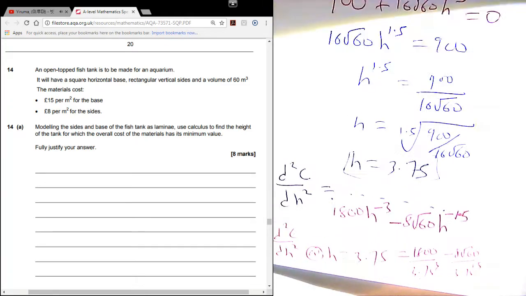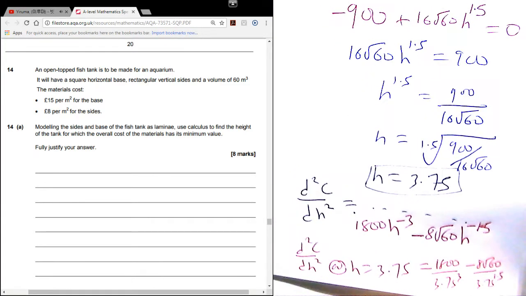Now this is something you should probably do without even looking at the video at this point, just on your calculators to test if it's a positive or a negative value. It's definitely looking positive to me.